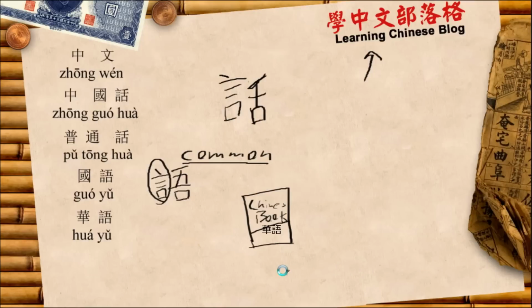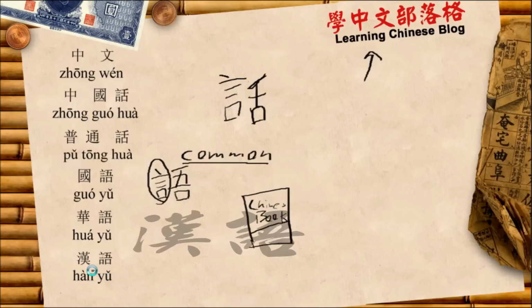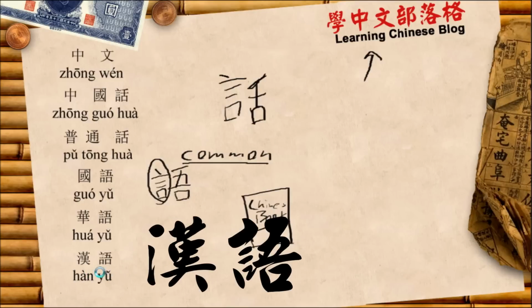So some people say this, right? Do people still use this? Yeah. If a school is hiring a Chinese teacher, they sometimes just say they're hiring a teacher that can teach Huayu. And the last thing you might see somewhere would be Hanyu. Han.